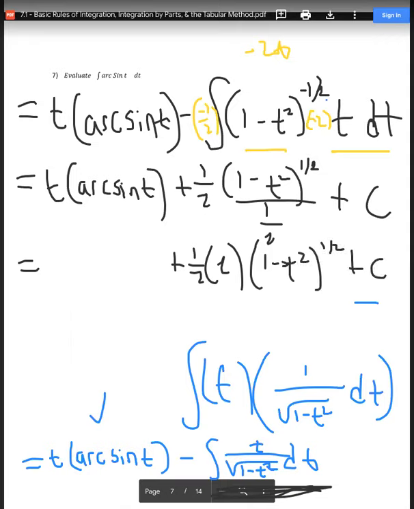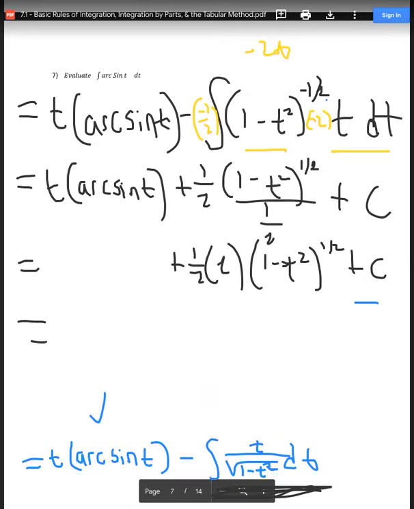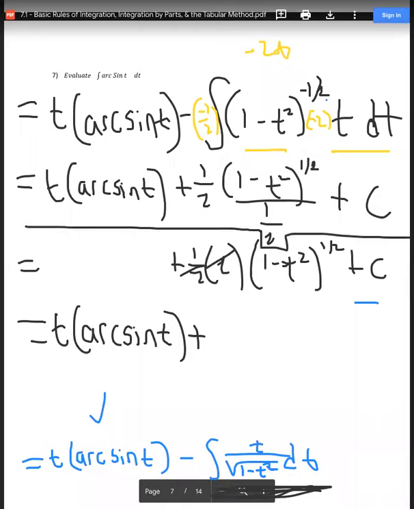So the final answer is t arcsine of t. These two cancel, so what you're left with is the radical of 1 minus t squared plus c. And that's actually the answer to this problem.